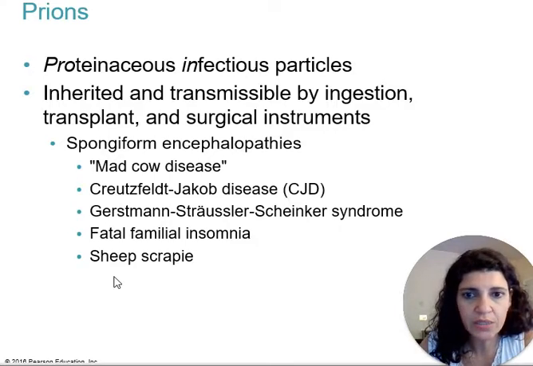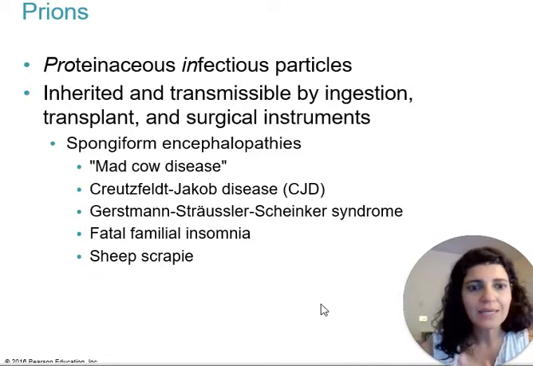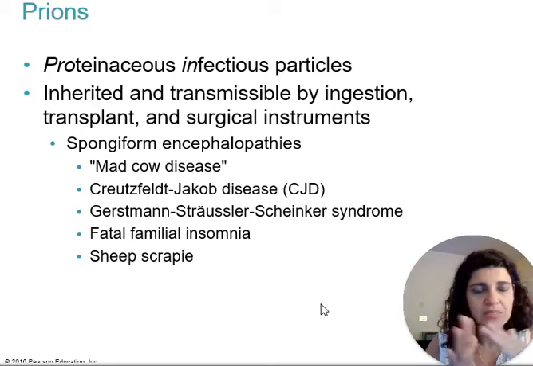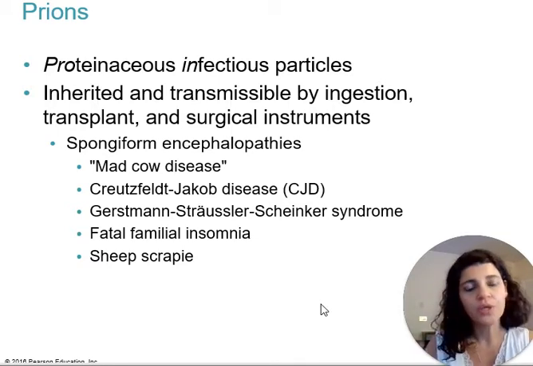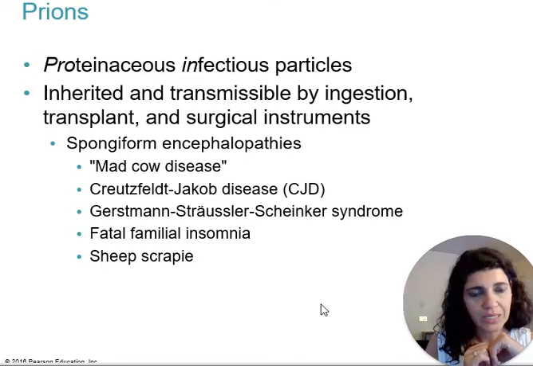I just want to quickly tell you about prions. Prions are not viruses. They are proteinaceous infectious particles. So it's a protein that transforms other proteins into sick proteins. We have a protein in our body that is similar to the prion protein.